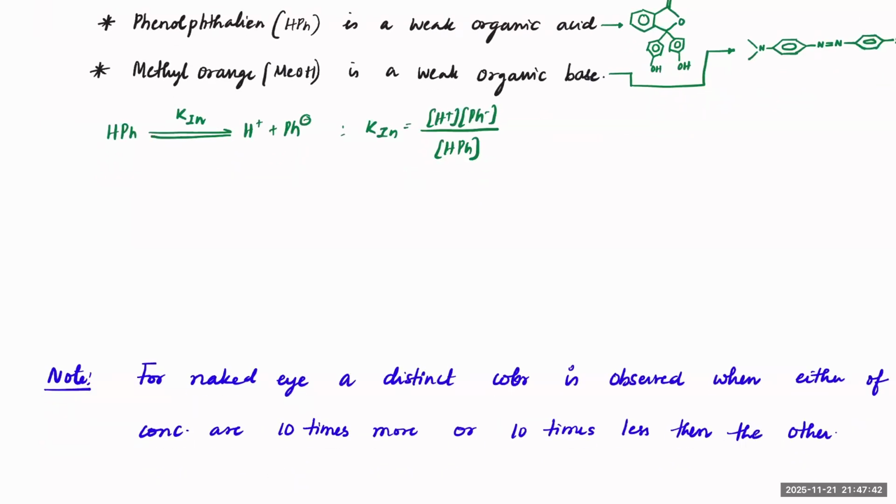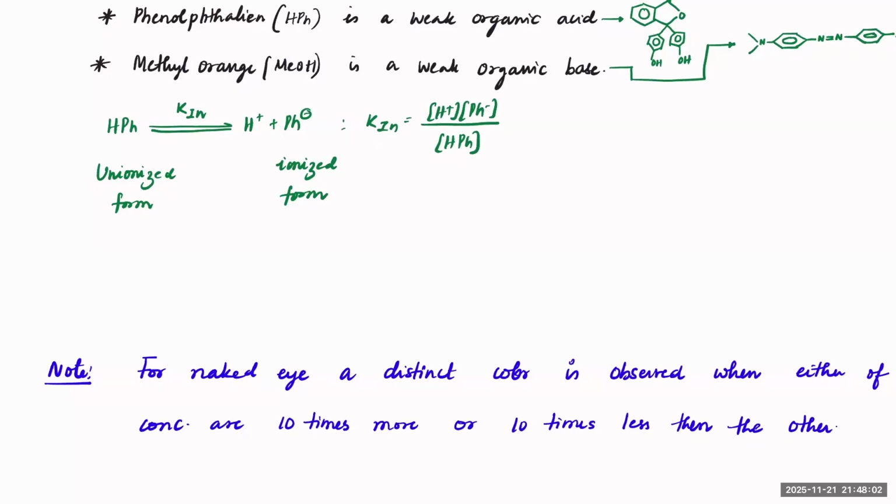Clear? So here this HPH is the unionized form, and this is the ionized form. In the case of phenolphthalein, the unionized form is colorless. When the composition is more of the unionized form, it is colorless. When it is completely ionized, it is going to be colored, which is pink color.